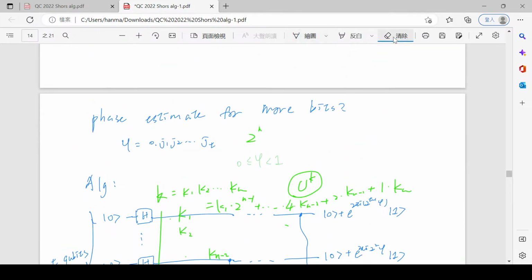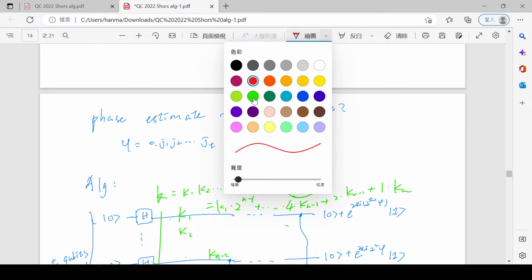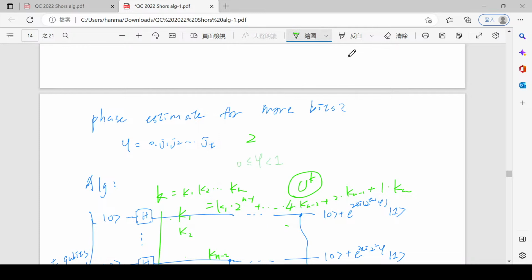So if we have a 2 to the t here, then 2 to the t phi is equal to j1, j2, to jt. We are just shifting this zero point. Okay, this is ugly. j1, j2 to jt.